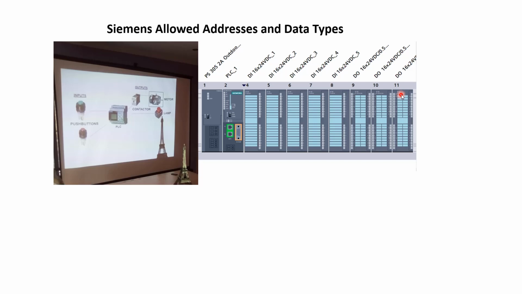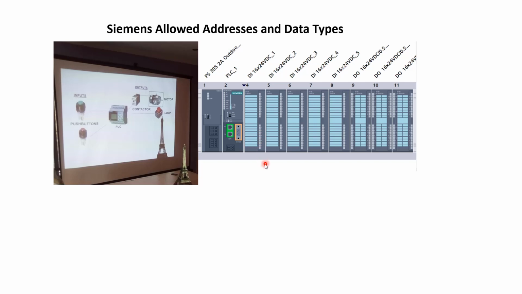Let's consider slot number 4. At slot number 4, we have 2 bytes. This is your first byte, and that is your second byte. Your default address starts at byte number 0, so this is byte number 0 and that is byte number 1.